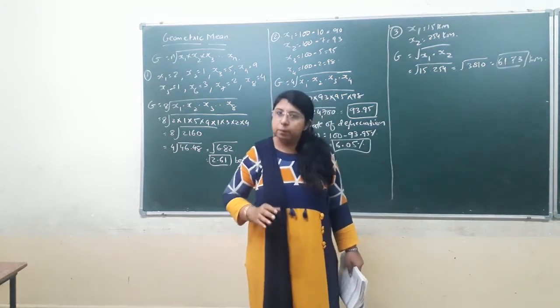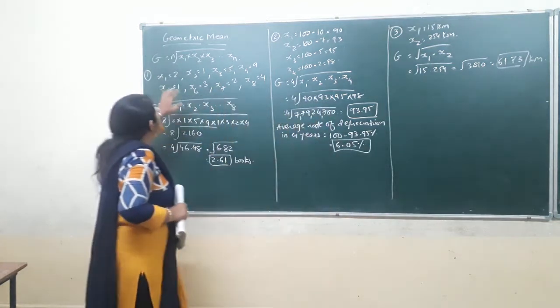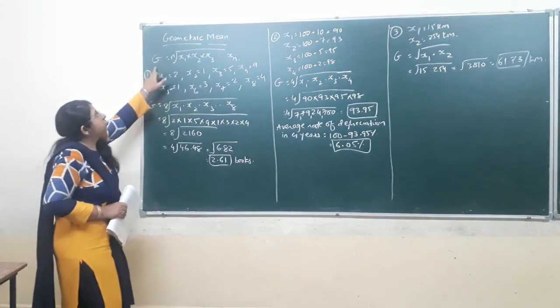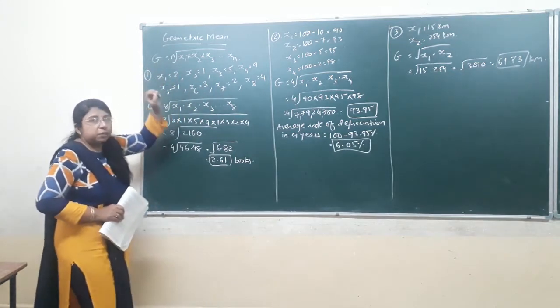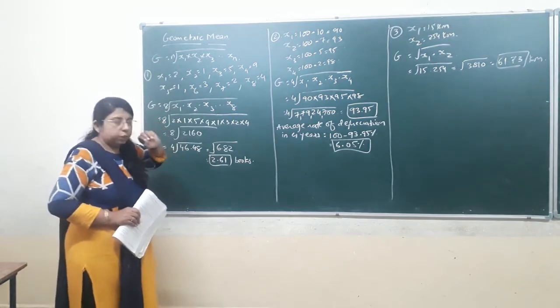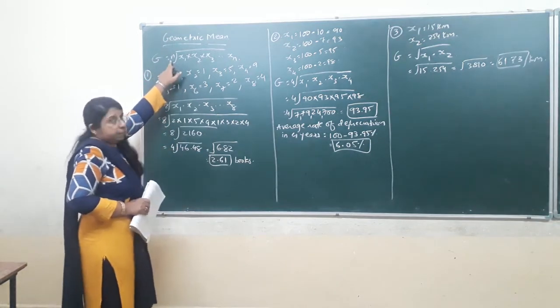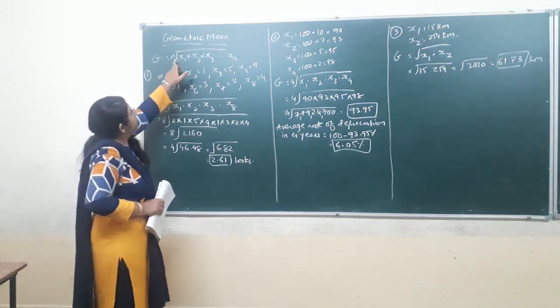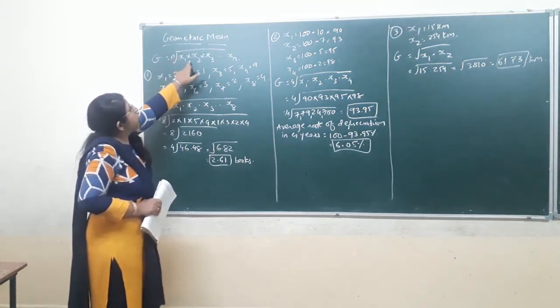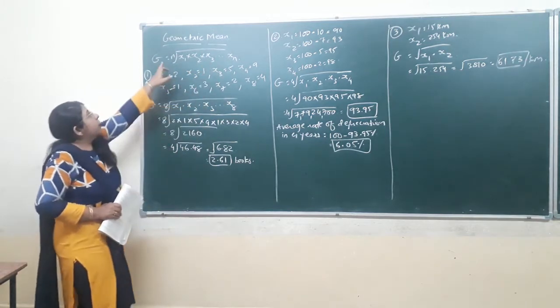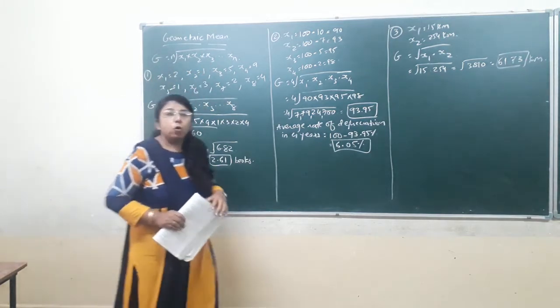Here you can see I have written on the board the heading geometric mean, and the formula to find it, symbolically represented as capital G. Capital G is equal to the nth root of x1 into x2 into x3 up till xn, where outside the root it would be n, the number of observations.